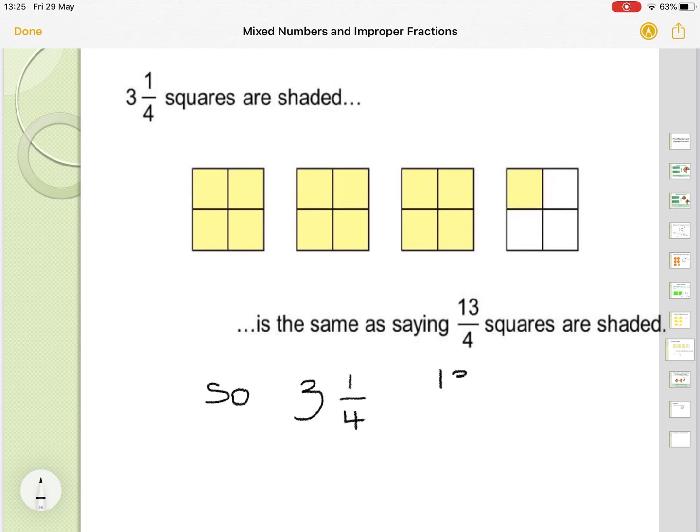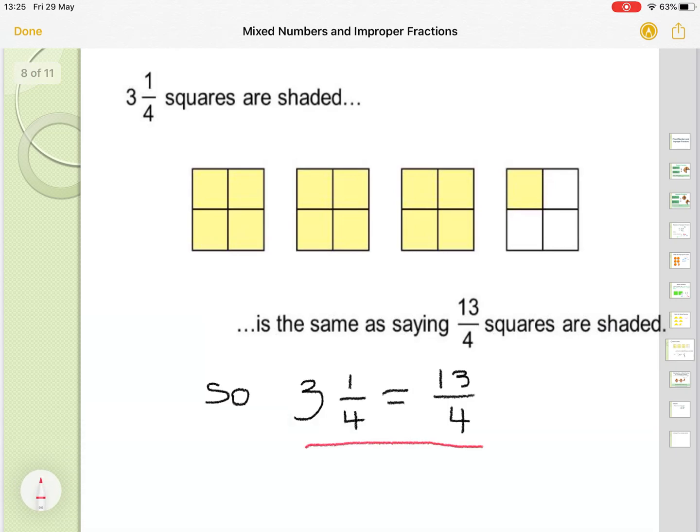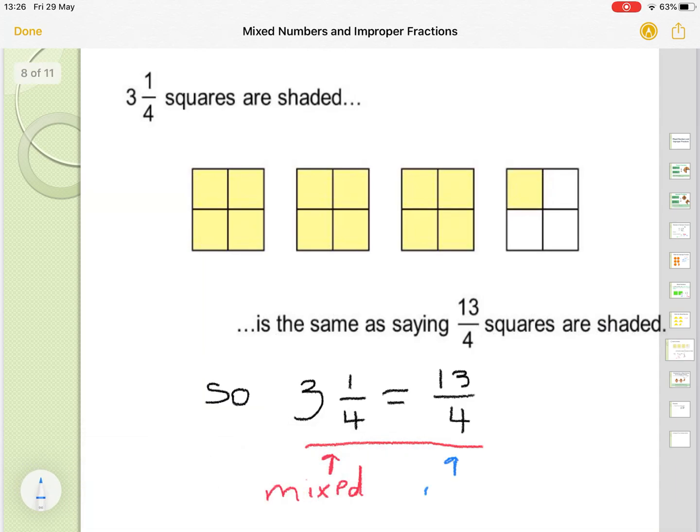So the improper is 13 all over 4. Since it's the same diagram, I can put down an equal sign. So 3 and 1/4 is equal to 13 all over 4. They are the same. First, the 3 and 1/4 is the mixed, and 13 all over 4 is the improper.